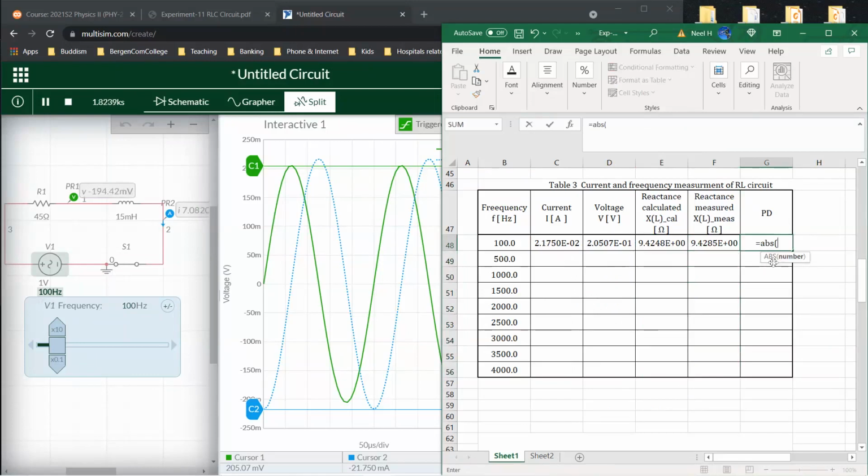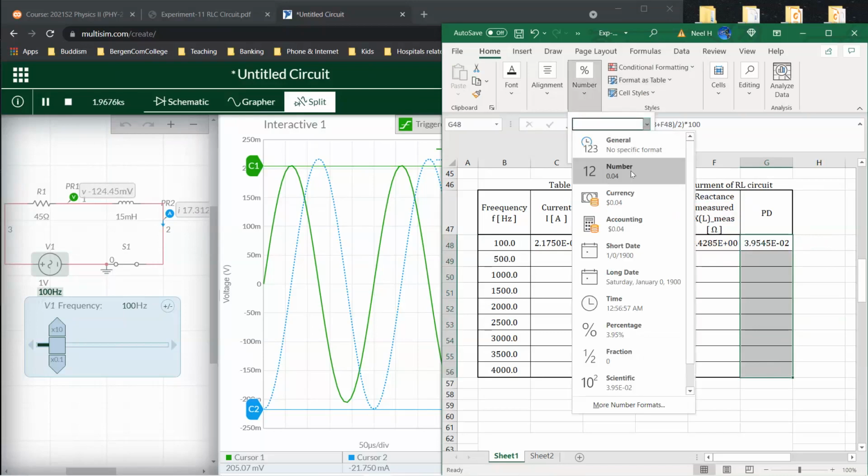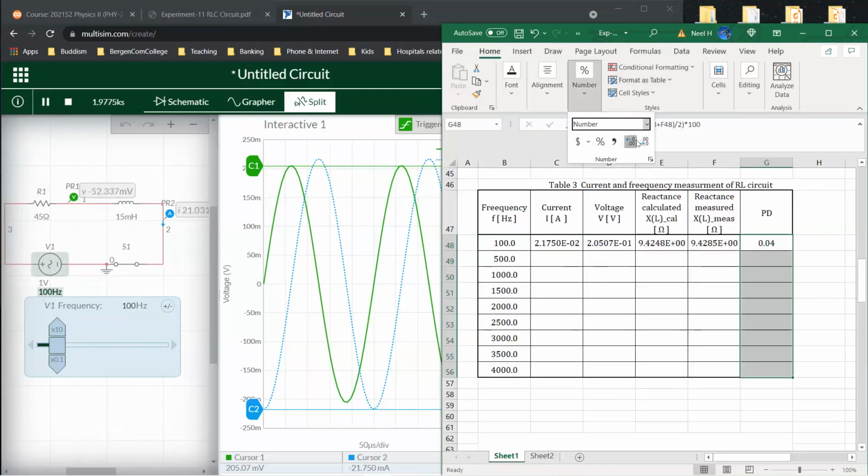Okay, then we'll compare these two. Equal ABS, open brackets, difference between these two, divided by the average between those two, E48 plus F48, divided by 2, multiplied by 100. So make sure percentage differences should be just in numbers, at least two significant figures visible, okay?